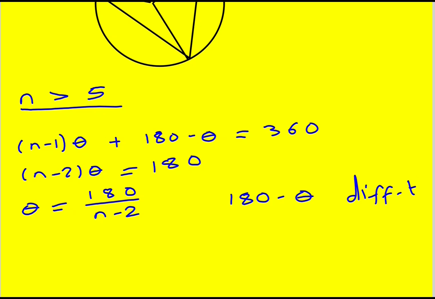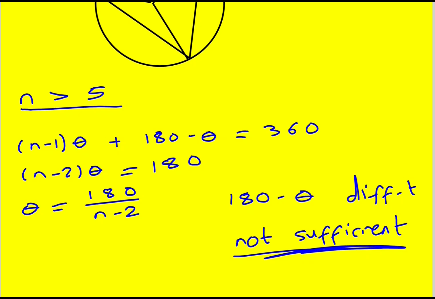The only time it would be the same is when n is 4, because then we get 90. But if n was, say, 6, you do 180 divided by 4, and there's no way when you do 180 minus that, you get the same angle again. So what I've actually shown is it's not sufficient. We are not necessarily going to get a regular polygon when n is greater than 5.